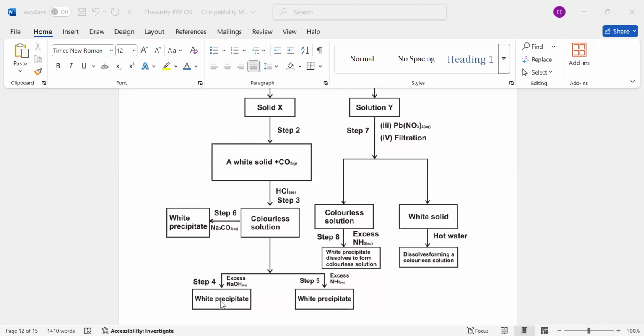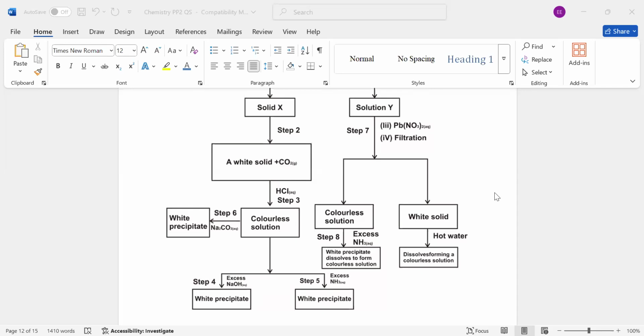But in this particular case, it didn't dissolve in excess. We had what? A white precipitate. So it cannot be any of the 3. It can't be aluminium, it can't be lead, it also can't be zinc.